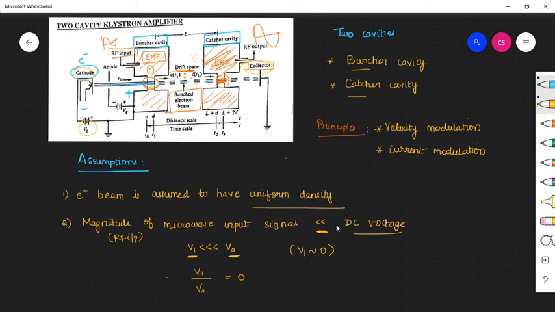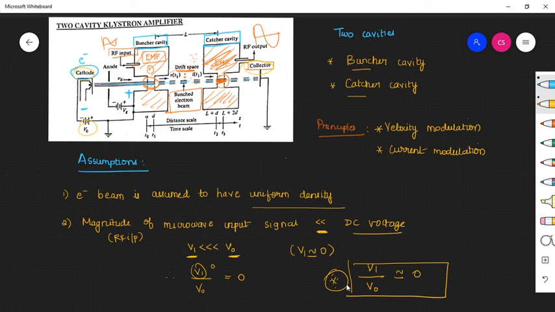Such a small signal is going to be amplified. And therefore we usually write V1/V0 is almost equal to 0. This is the second important assumption that we make in the two-cavity klystron amplifier.